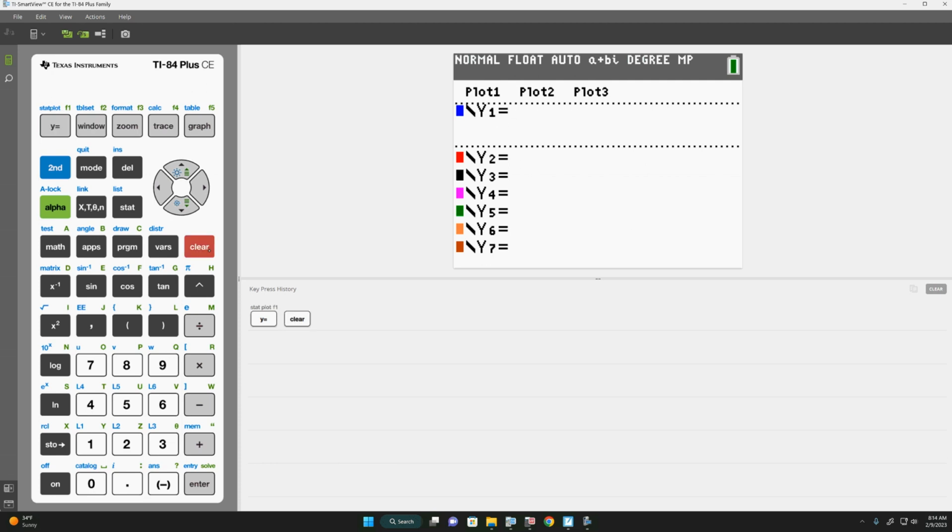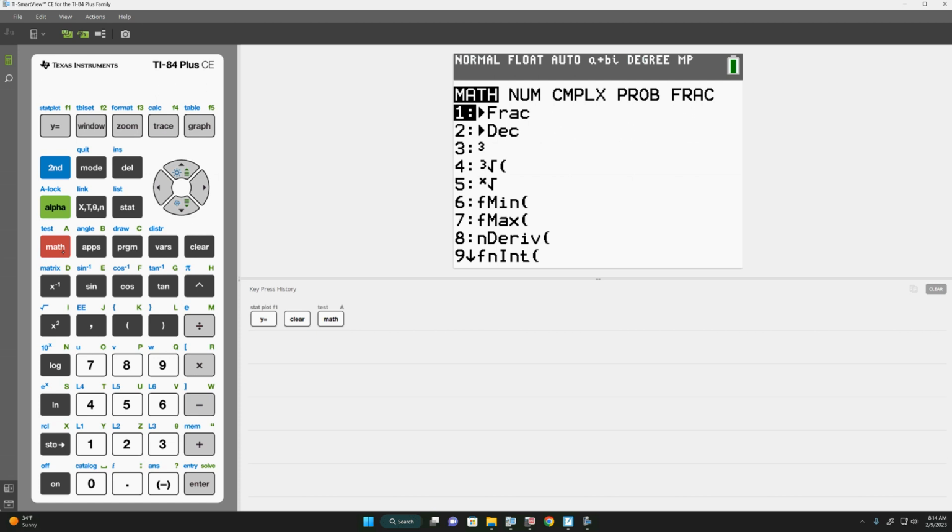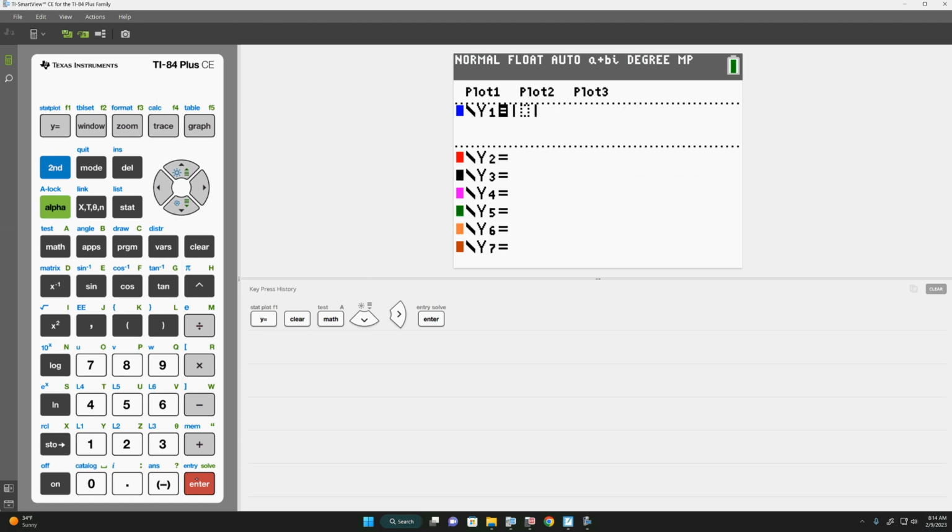Now, for the graphing calculator, math. If we go over 1 to num on top, the first option, ABS, is not anti-braking system. It's absolute value. So we can hit enter, and it'll pull up the absolute value for us.